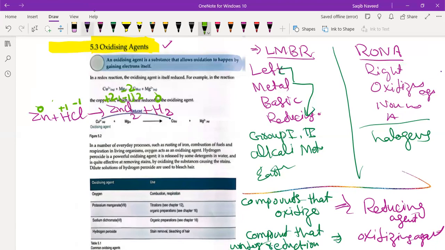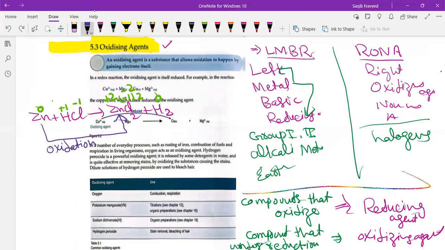So what we have learned so far, zinc is going from 0 to +2, and I am saying the oxidation process is occurring in it. That's true. Right? And what I am noticing about the Cl, sorry, I am wrong.